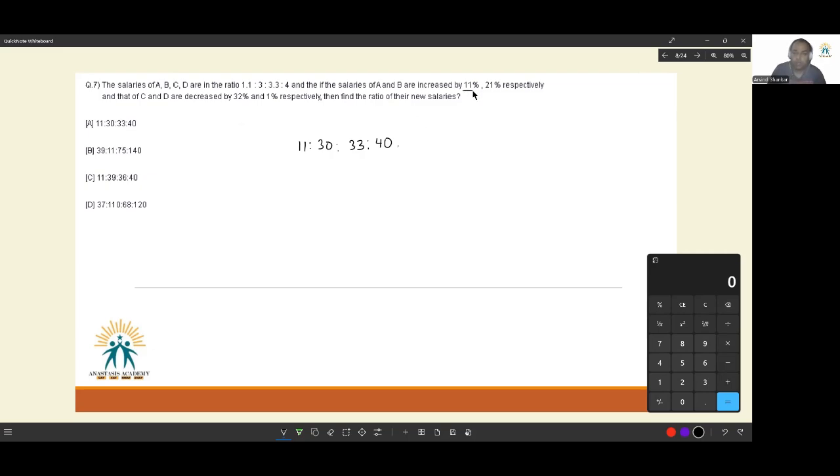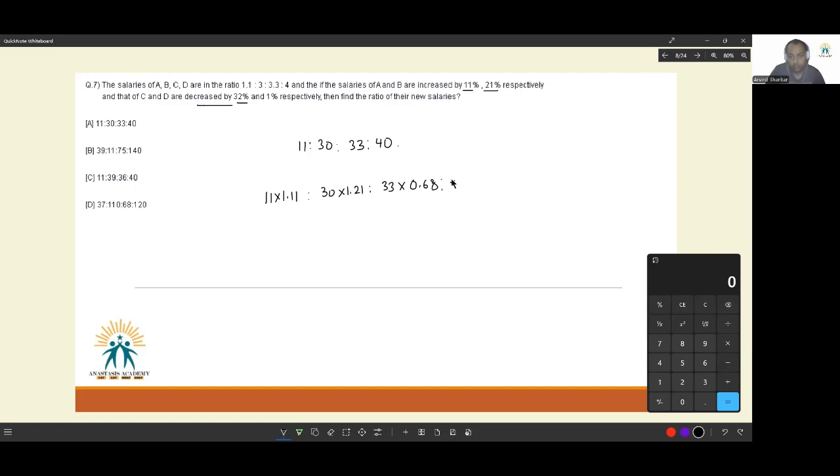Now, A and B are being increased by 11% and 21%. So I will have 11 into 1.11 is to 30 into 1.21 is to 33 into 0.68, because this is a decrease by 32%.